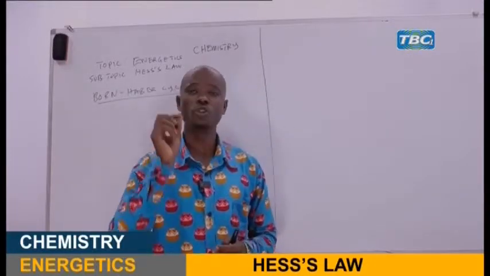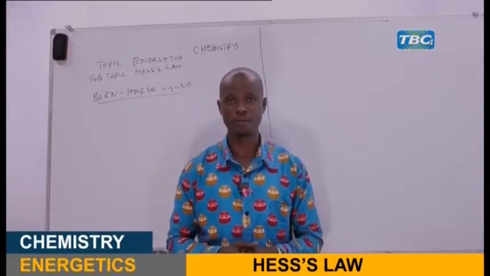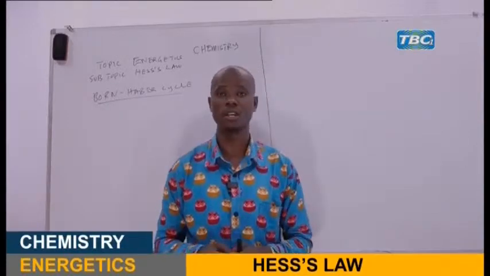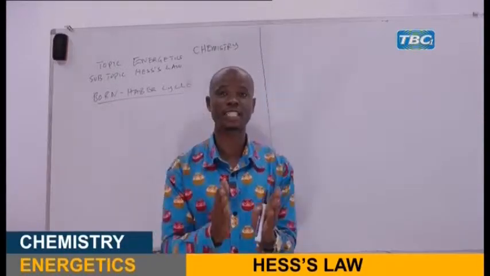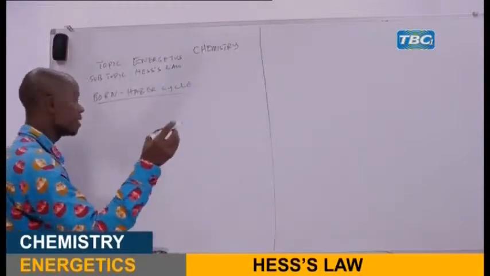But before you draw the Born-Haber cycle, there are very important things for you to remember. There are arrows. Before we go to the examples, I want to give some skills. What do the arrows in the cycle represent?